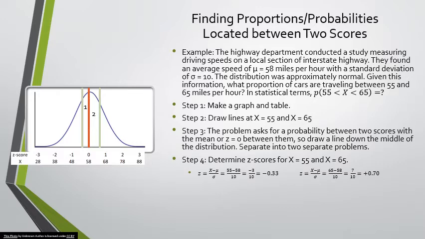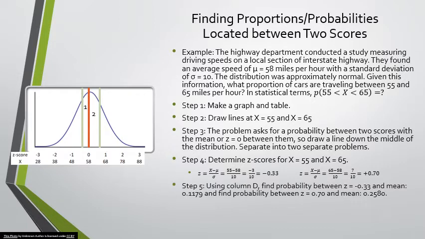So next, we need to determine the z-score for your x of 55 and a z-score for x of 65, so you can use the equations to do so. You'll find the z-score for 55 is negative 0.33, z-score for 65 is positive 0.70, and that agrees with our table that we made.